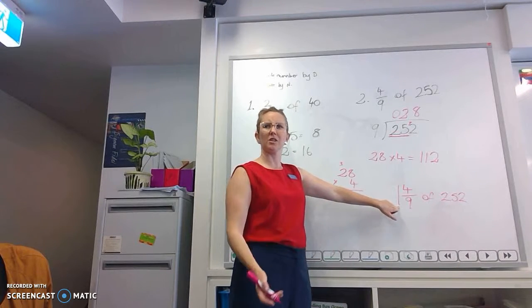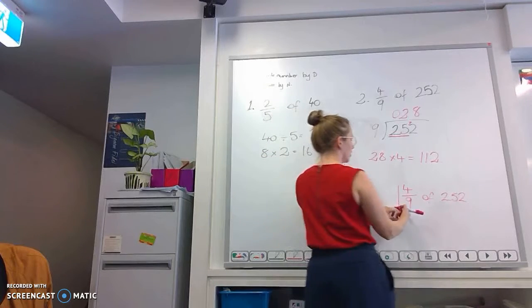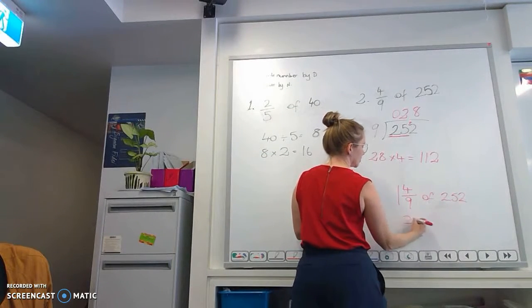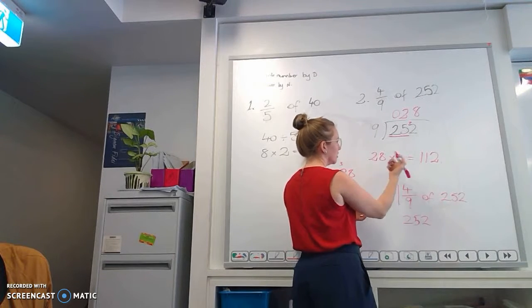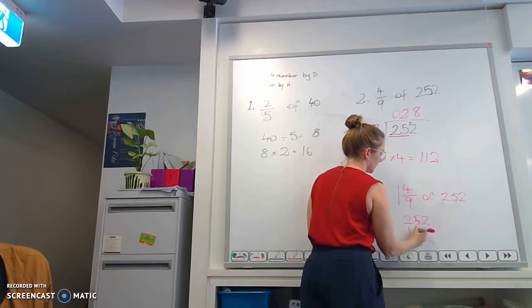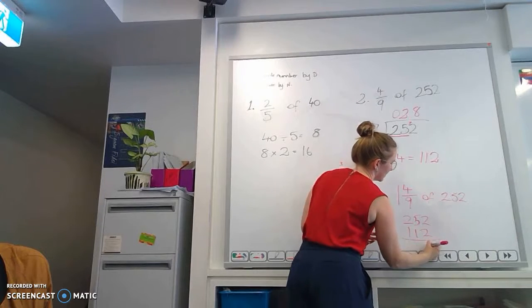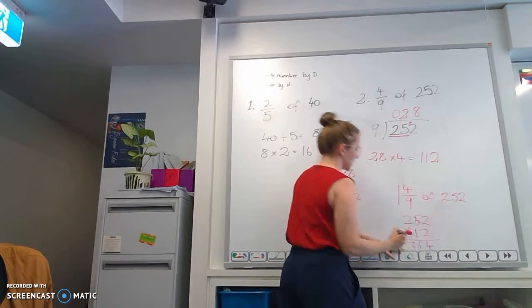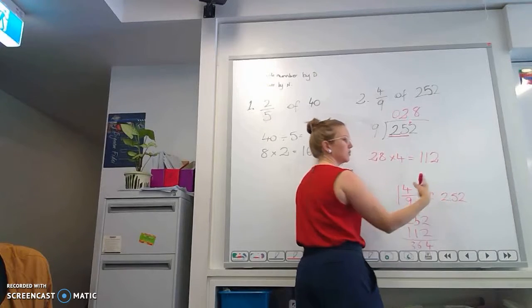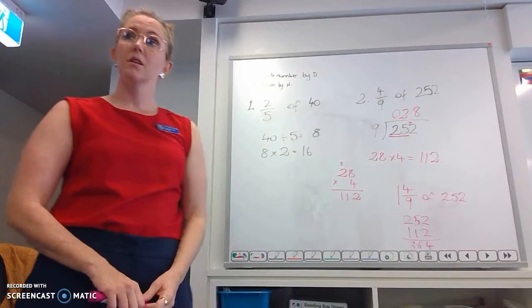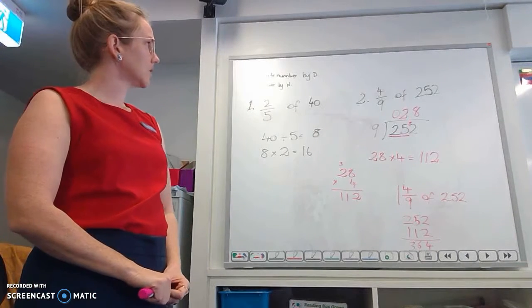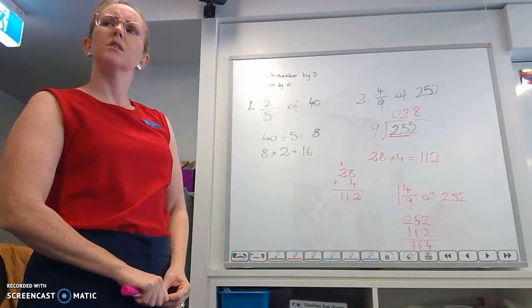That's a weird way to ask that question, but yeah, so 1 whole of 252 is 252, plus the 4 nights, which I know is 112. And so my answer will be much larger than my original part of the question. Yeah, that's possible. So do it normally and then just add the whole number.